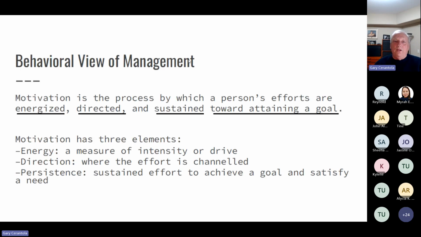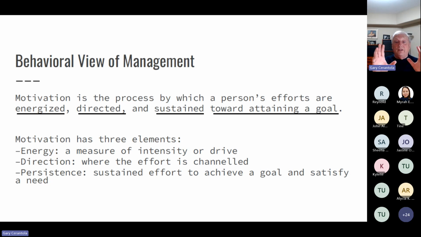Okay, so we're going down this principles of management piece, and we're looking at this continuum, and now we're kind of in that era where we introduced the behavioral view of management. And look at the pieces in here. Motivation is the process by which a person's efforts are energized, all right?